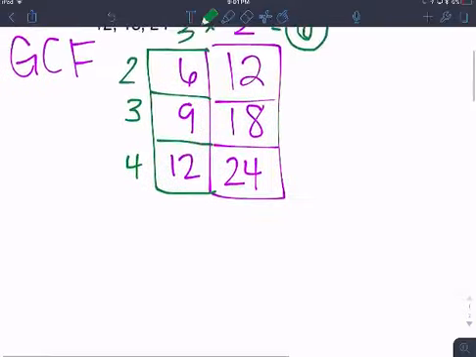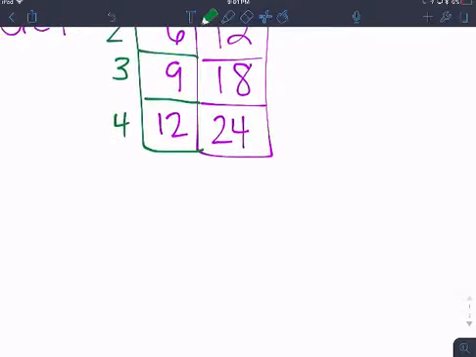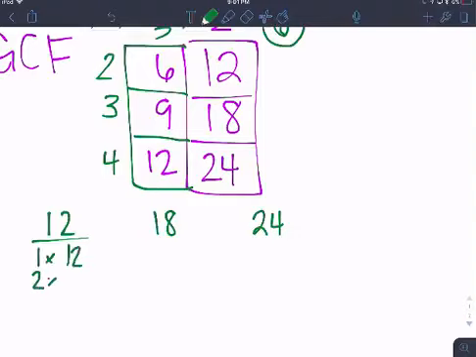Another way that you could do this is by just listing out factors of 12, 18, and 24. So factors of 12 would be 1 times 12. I'm listing out factor pairs. 2 times 6 and 3 times 4.